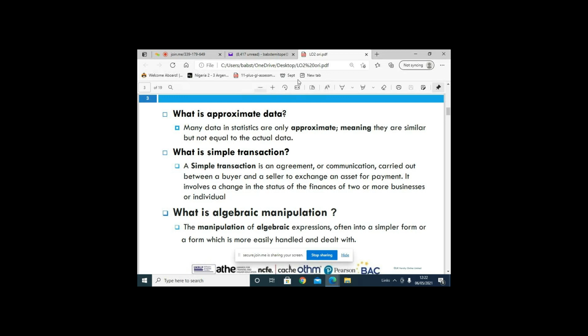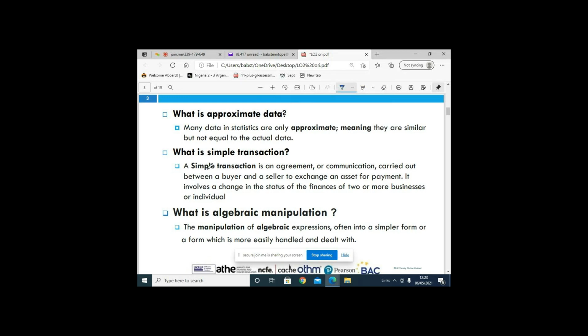So if you say approximate value, it's similar but not equal to the actual data. For example, if you say 63, you can say it's approximately 60. It's like you are rounding it to 60. That's actually what it means. So just take note of the key terms, please.